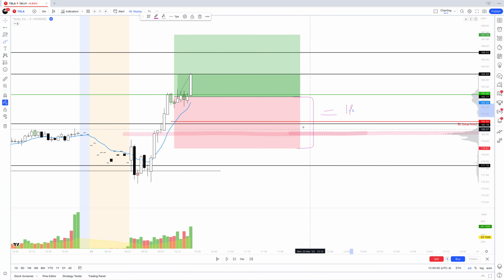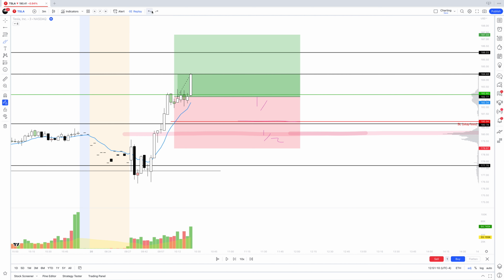Obviously, if I move my stop loss here, it's basically halfway between this and this bit. So, easy as that, I'm losing 0.5R, which is dramatically decreasing my risk on the trade.